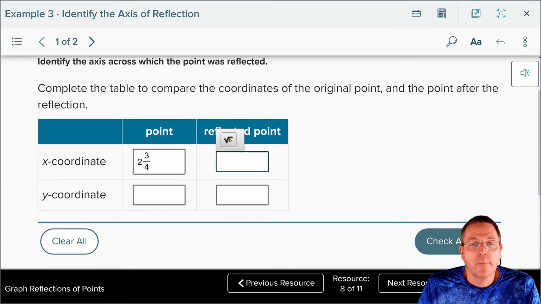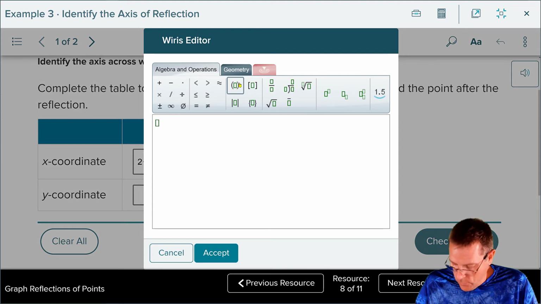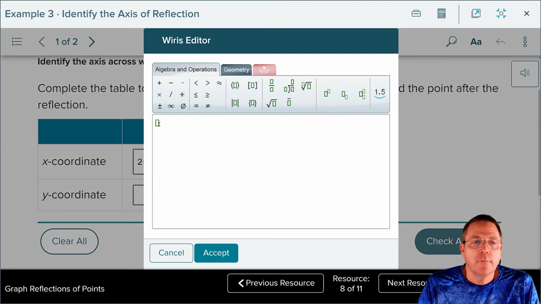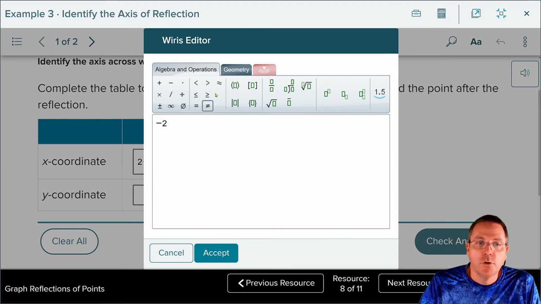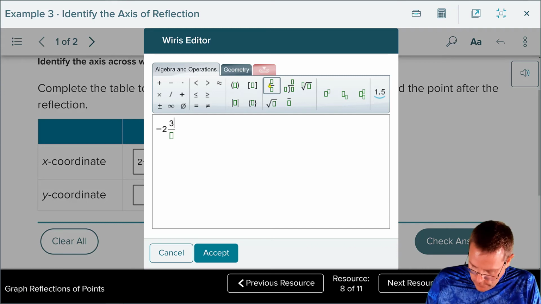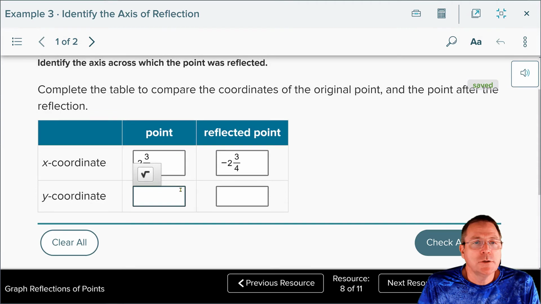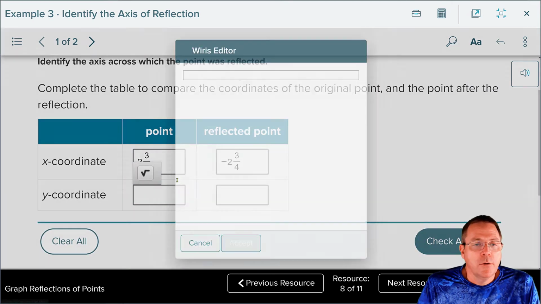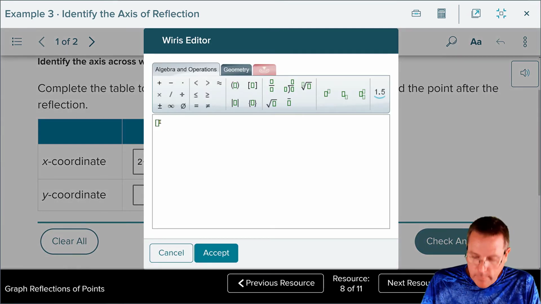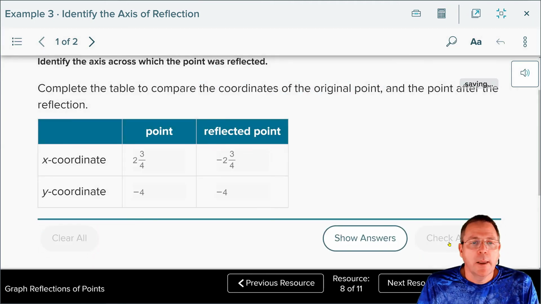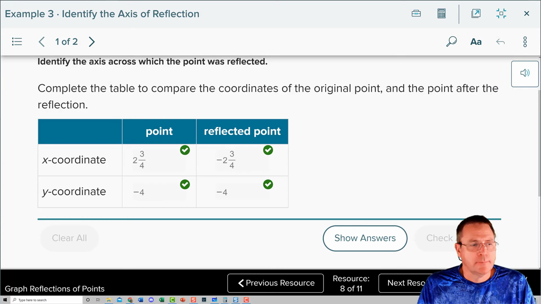So the x value of your new point is going to be negative 2 and 3/4. Meanwhile, your y values don't change at all on these. In both of them, your y value is simply going to be a negative 4. Check it, and everything checks good.